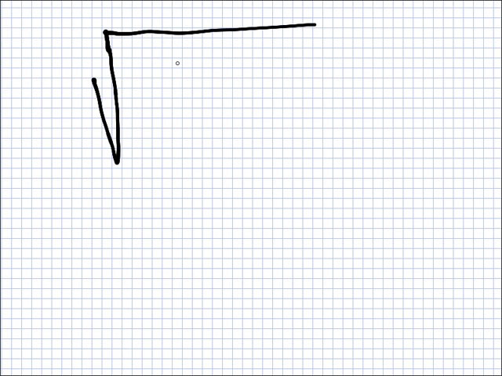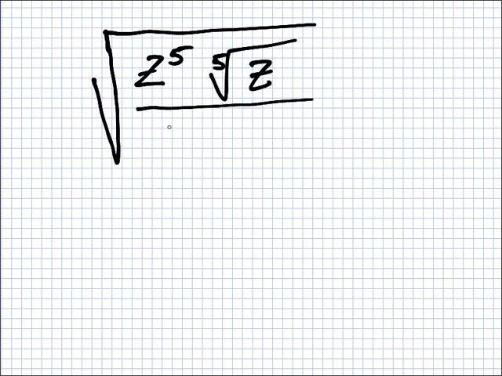A little trickier now. Square root of z power 5 fifth root z, over z squared fifth root z minus 4. Okay, a little harder now.